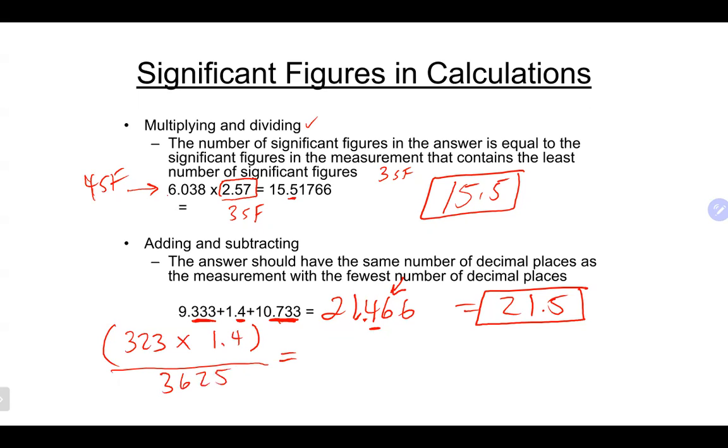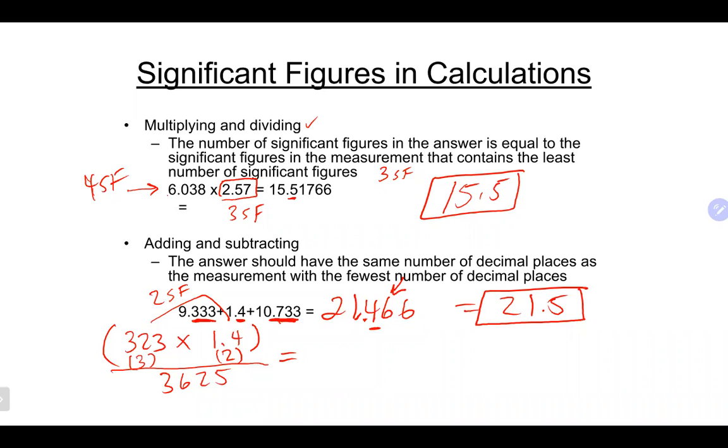When we do this math, the first thing we typically would do is the part in the parentheses, which means we're multiplying, which means technically speaking, the answer we get on top there should have how many significant figures? This one is 3 significant figures, right? This one is 2, which means when you get the answer for the top part, it technically should be 2 significant figures, right?